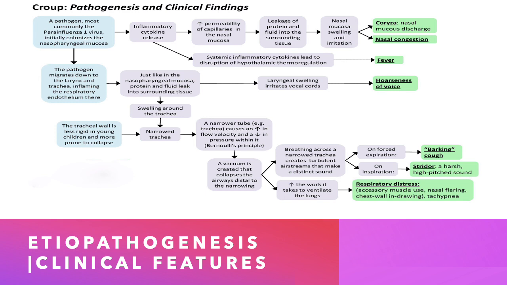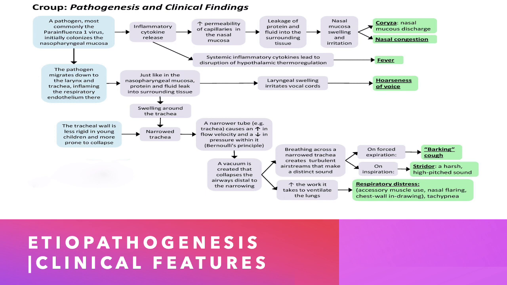How does a barking cough sound like? That we will see in the next slide. And the same pathophysiology on inspiration causes stridor. So, stridor, as I already told you, is a harsh high pitched sound produced during inspiration. It can be biphasic in some other causes, but in case of croup it is mostly on inspiration.